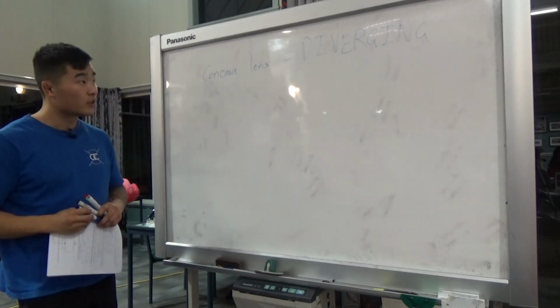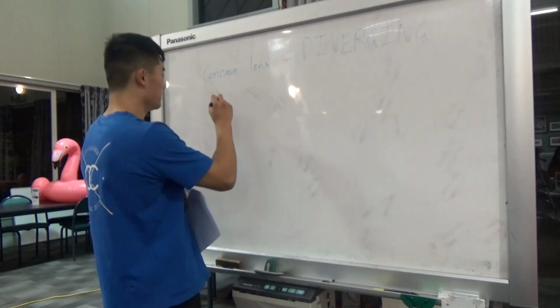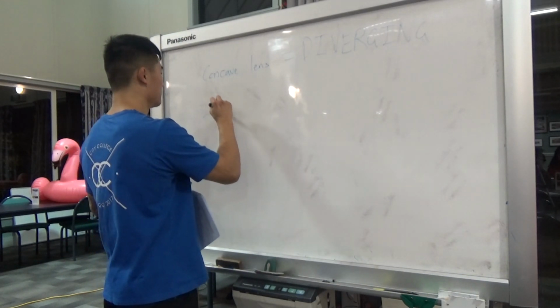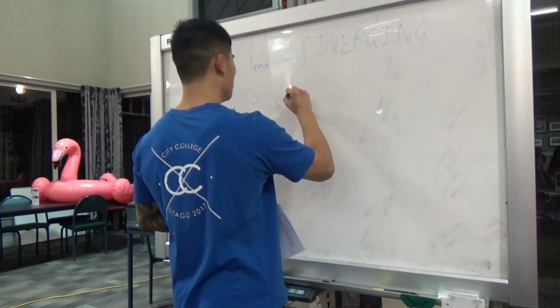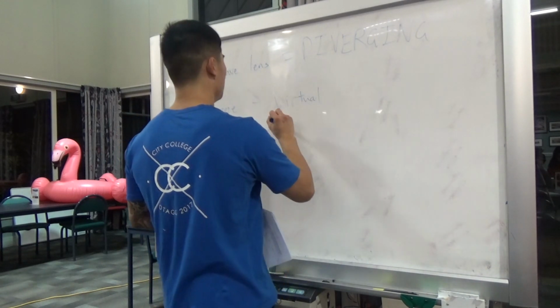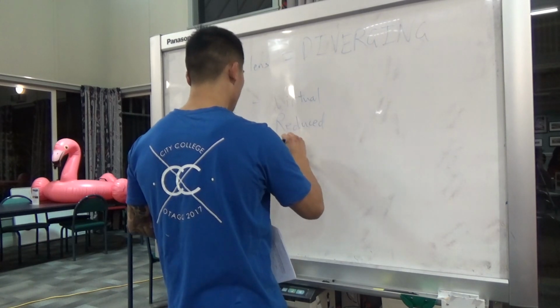And if it's diverging, then that means the image is always virtual, reduced, and upright.